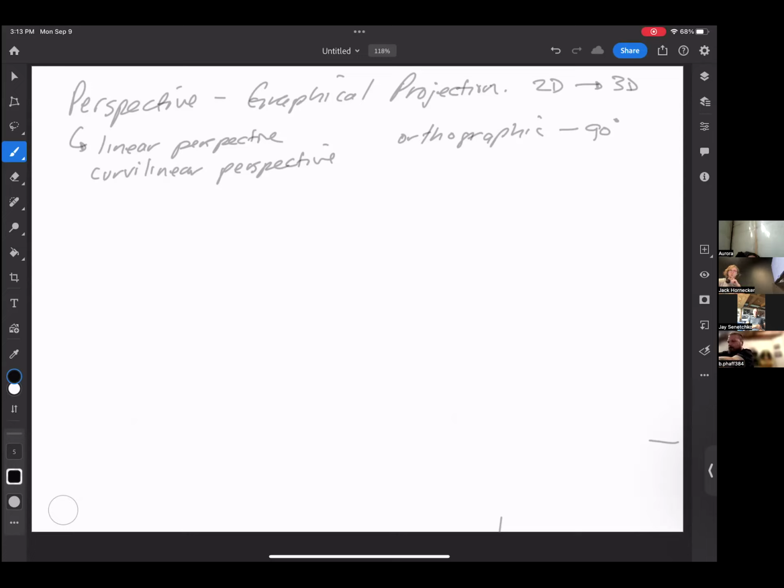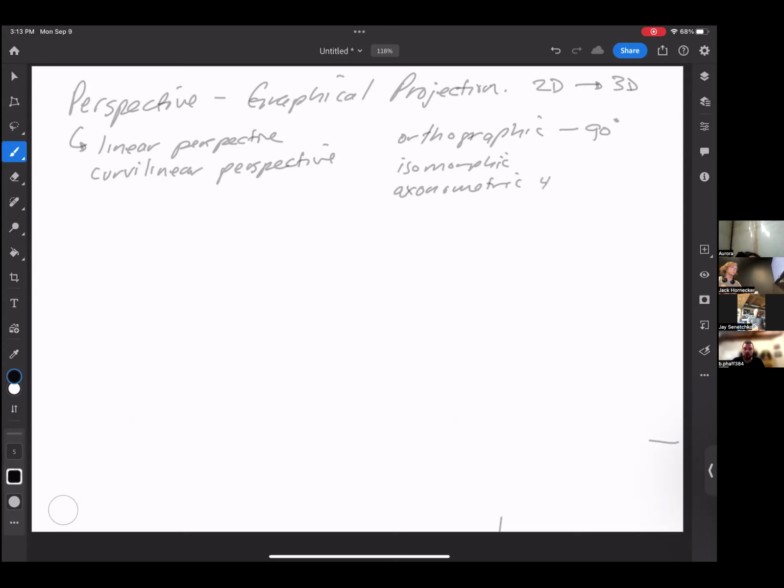There's also isomorphic perspective, and there's also axonometric perspective. There's also a couple of other subdivisions of these as well. I think there's one even called Legionnaire's perspective. Basically, these things relate to the angle of lines as they intersect with each other.